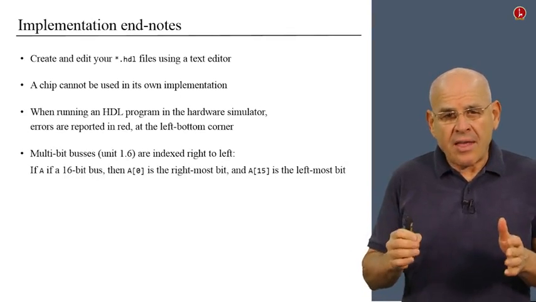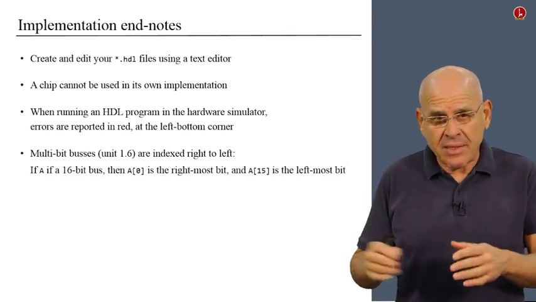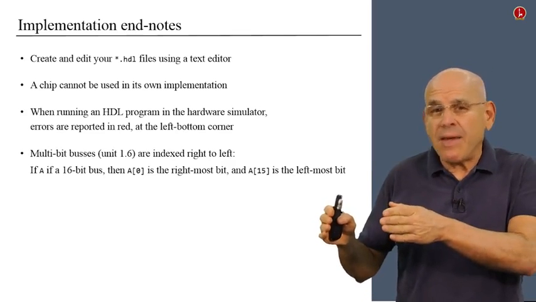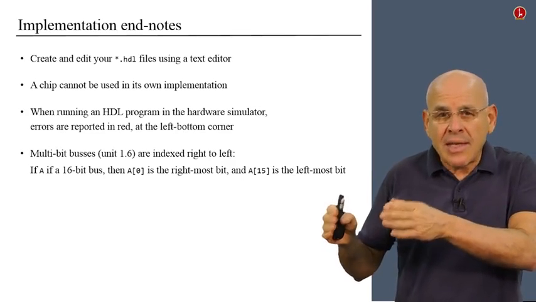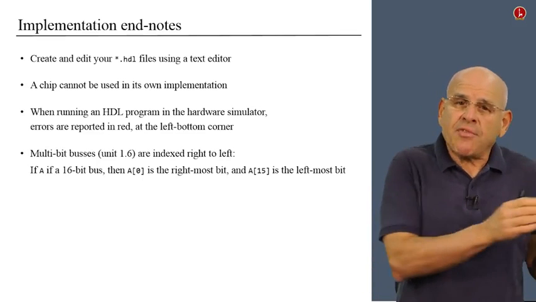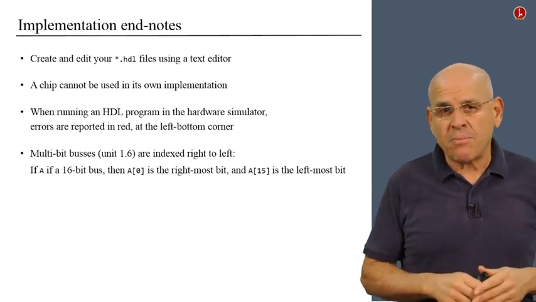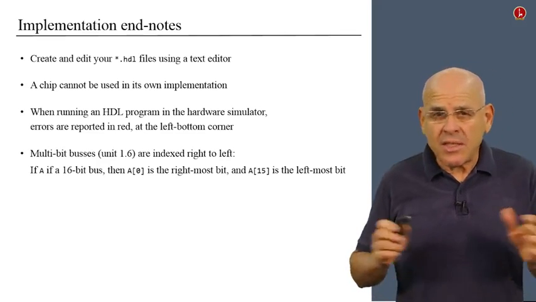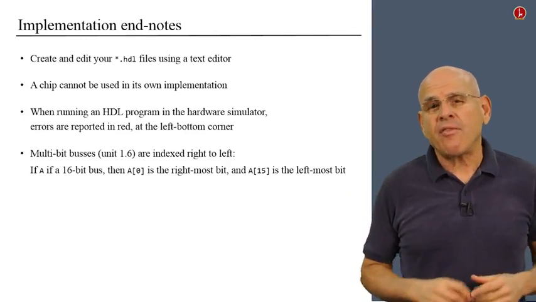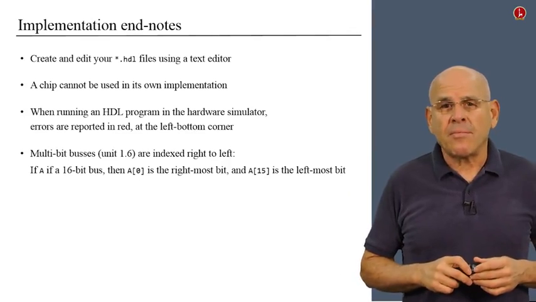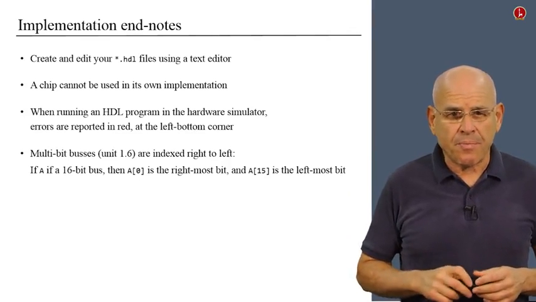So if A is a 16-bit bus, then A0 stands for the rightmost bit, sometimes called the least significant bit or the LSB. And A15 stands for the leftmost bit, also called the most significant bit or the MSB. So this is just a convention that you have to keep in mind when you index your multi-bit buses.